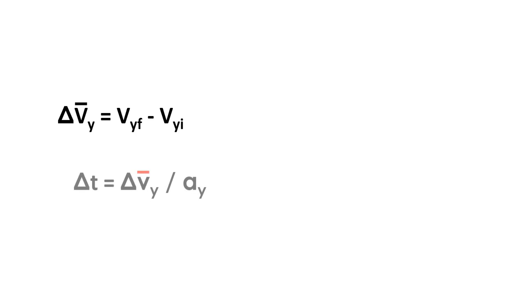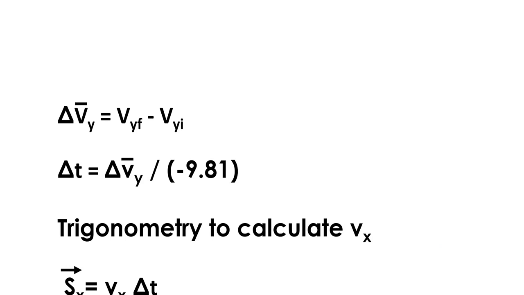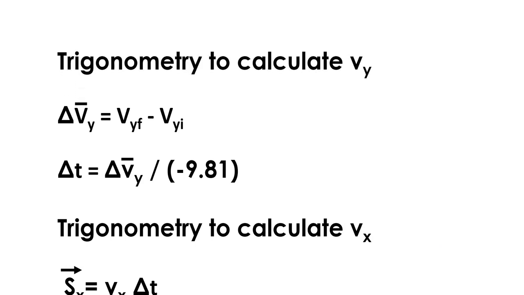So just to recap, here's what you have to do, just to go through in stages. Here we go. First of all, you need to use your trigonometry to calculate the vertical velocity. Once you've done that, you need to calculate the average vertical velocity.